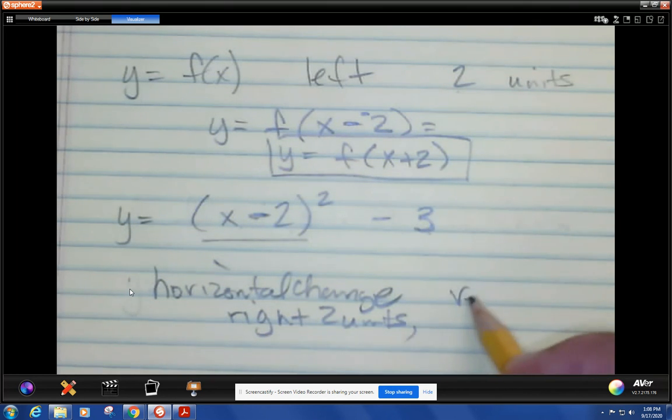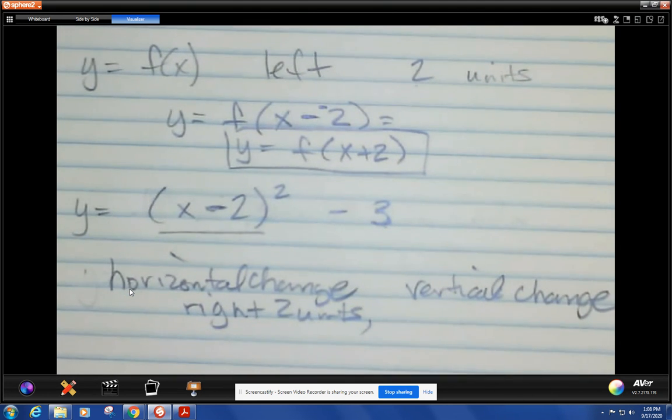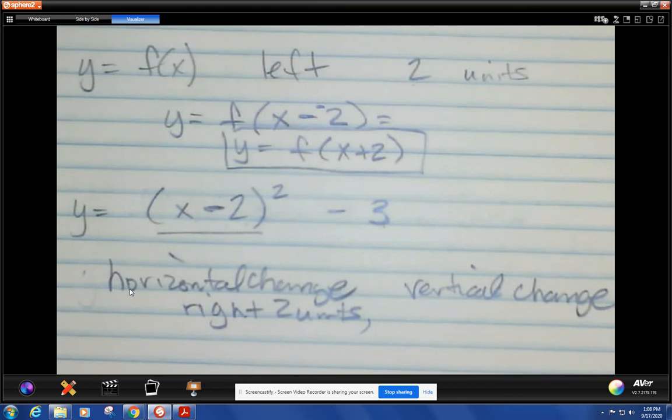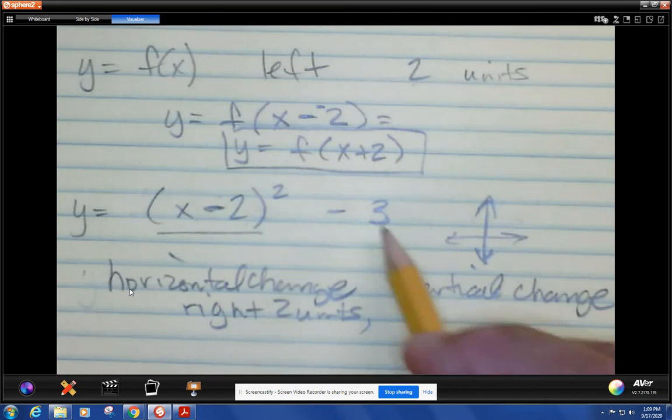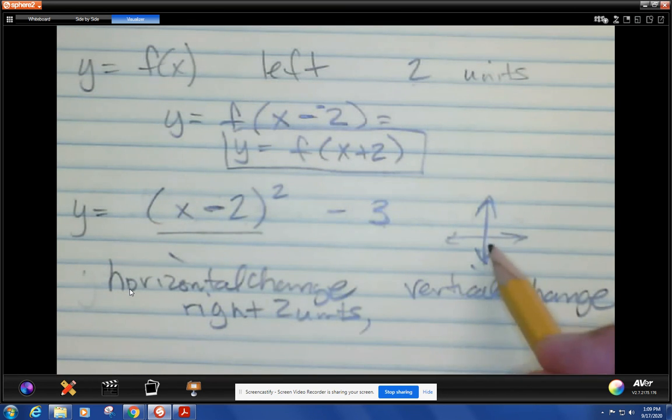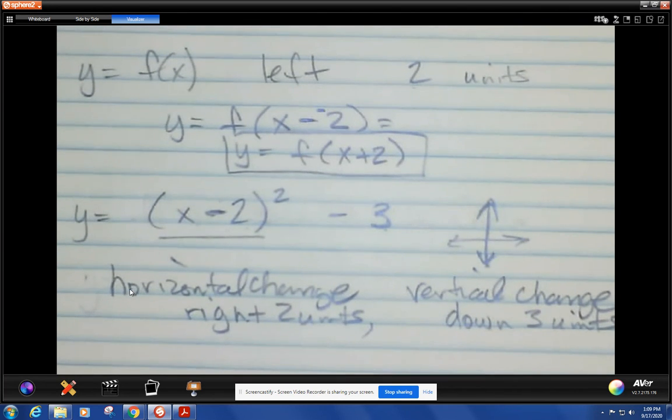Well, that denotes a vertical change. Okay? And remember, our vertical change is in fact literal. So if this says negative 3 on our coordinate grid, if we were looking at the vertical changes, which are up and down like this, if it says negative 3, that means I'm actually going to move down 3 units for this translation. So that's basically all you have to do when you're given that type of problem.